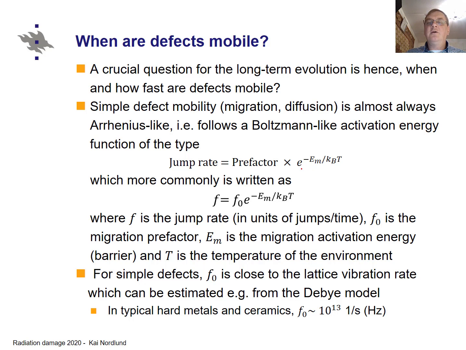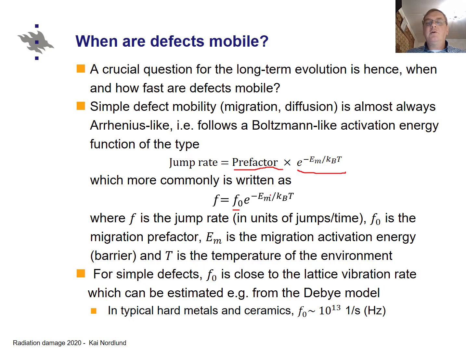That is that you can describe the jump rate with some prefactor, which for a given defect is constant, and then a Boltzmann factor where you have a migration energy, and then Boltzmann's constant and T in the denominator. And here this prefactor is often written with the letter f for a frequency, or sometimes the Greek letter nu, and here f0 is the prefactor, and this is the migration energy.